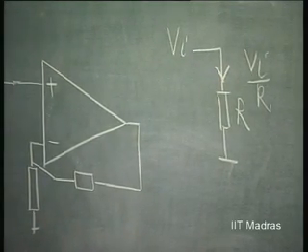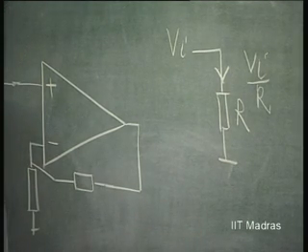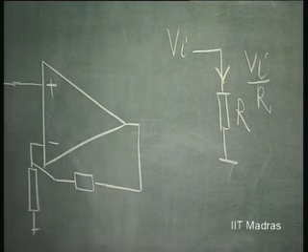When will it be a negative resistance? When a current of Vi by R flows in the opposite direction. So, that is very simple.